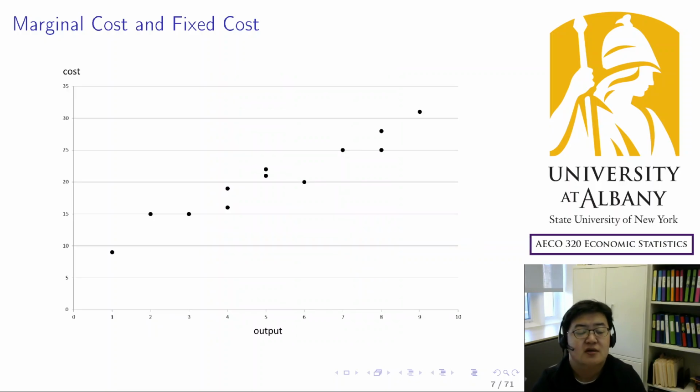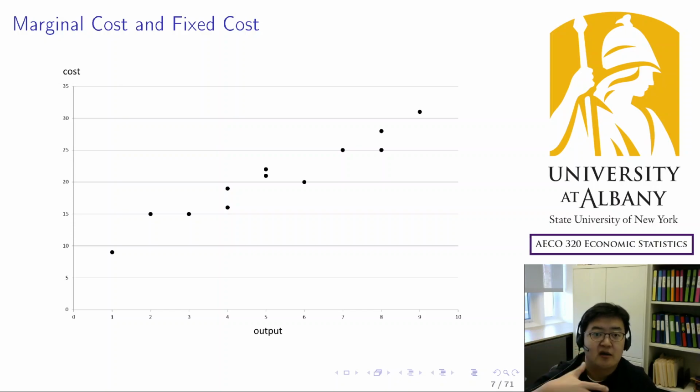Okay, so the first thing we are going to do is to make a scatter plot to study the relationship. Basically, estimating the marginal cost and the fixed cost is statistically finding their relationship, correlation, covariance, and trend line that we learned in the previous chapter, right?